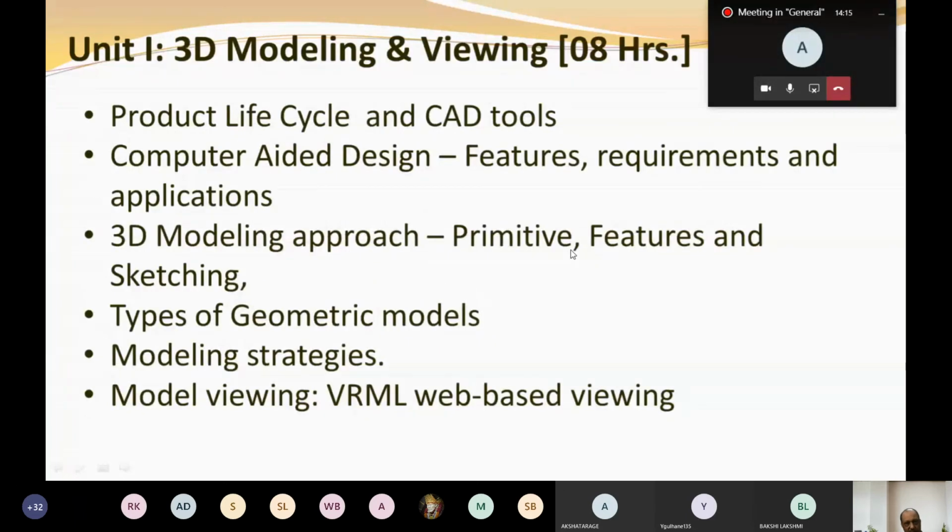What we are going to learn in 3D modeling and viewing is product life cycle and CAD tools. Product life cycle means whenever we launch any product, or whenever a product comes into the market, how it propagates.